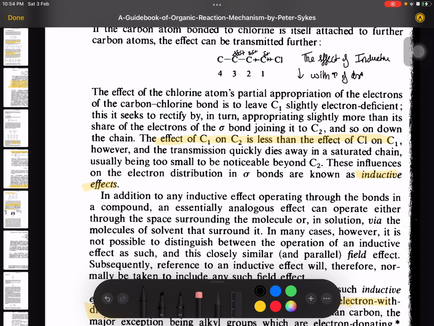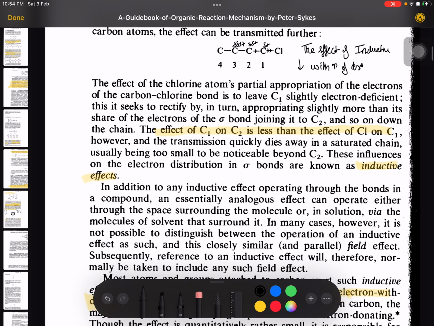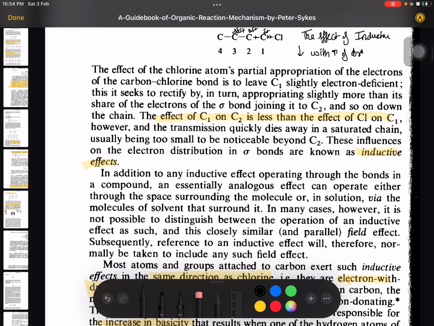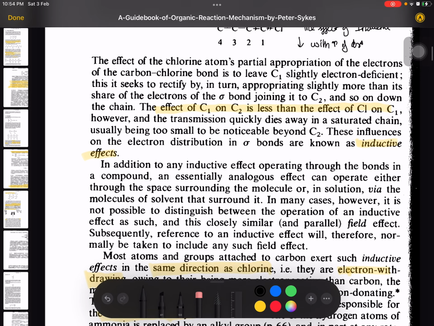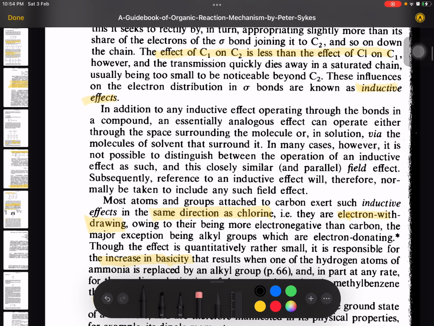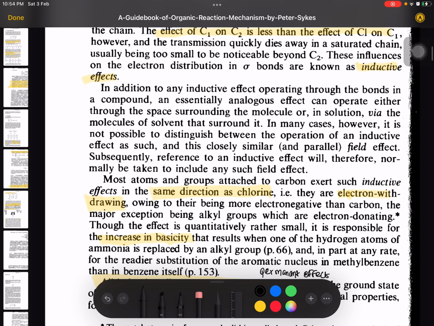The effect of C1 on C2 is less than the effect of Cl on C1, like I said. And transmission quickly dies away in the saturated chain, usually being too small to notice beyond C2, or as I said, C3; you can just neglect it after that. These influences on the electron distribution in sigma bonds are known as the inductive effect.